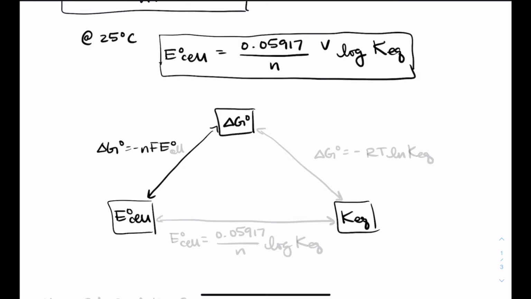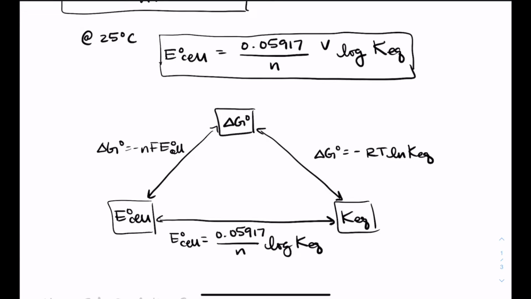The E cell and the K eq, we have this new equation of standard cell potential being 0.05917 over n times the log of K eq. And the equation that we already know, which is that the standard delta G is equal to negative RT ln of K eq. So if you have any one of these, you can find any of the others.